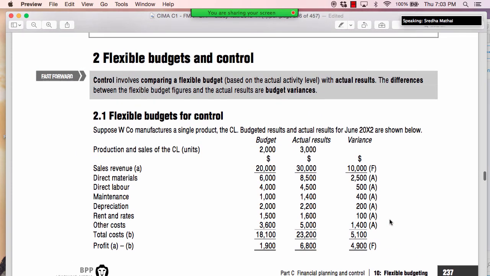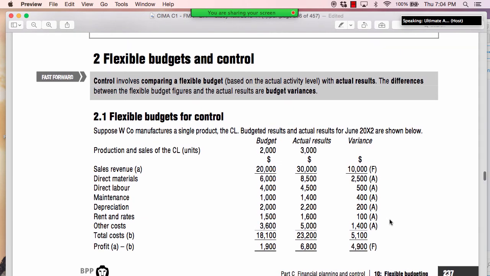Now, flexible budgets for control. So what it means is you control. Why do we do budgets? As a controlling mechanism, right? And comparing the flexible budget with the actual results and seeing the differences. You will see the variances.